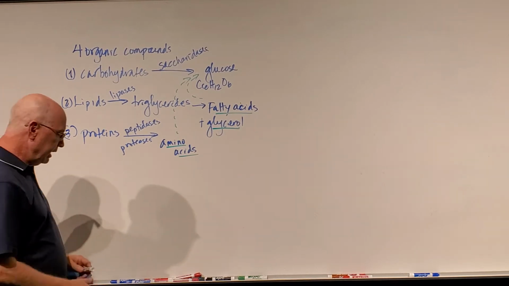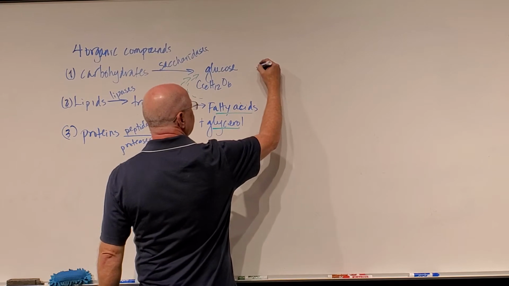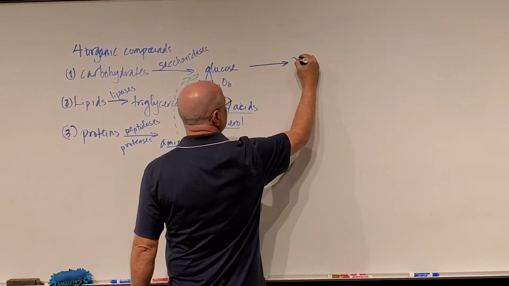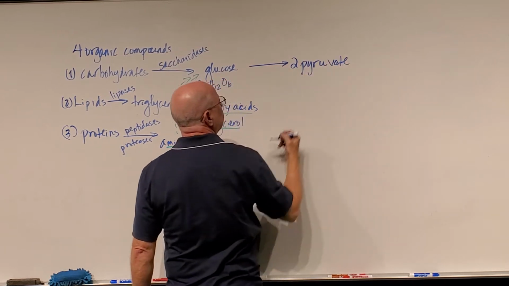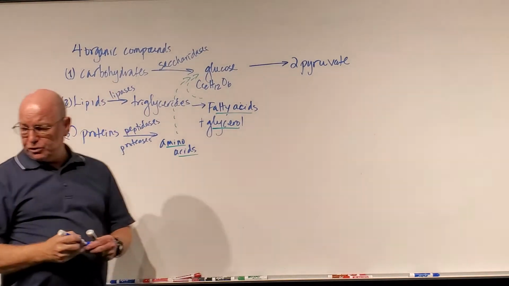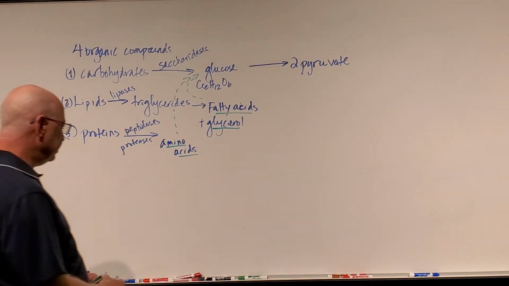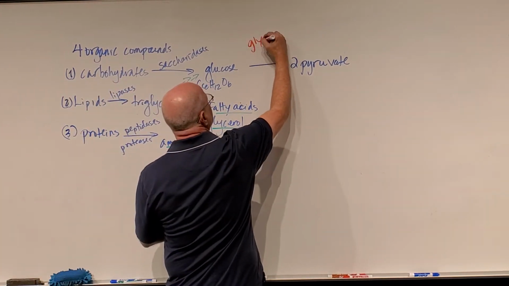So, now, the importance of glucose is that glucose can be converted into what we call two molecules of pyruvate. Now, when we do this conversion of glucose into two molecules of pyruvate, essentially I'm going to get some energy out of this. And this process is known as glycolysis.